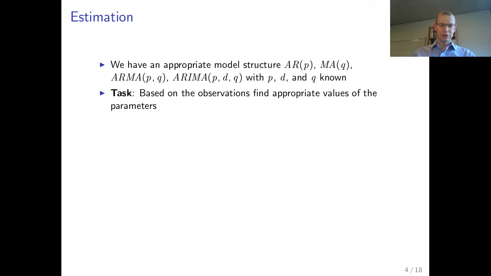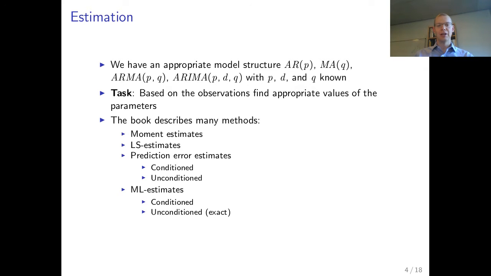Okay, so given a structure, we have to find appropriate parameter values. The book contains quite a list of such methods: based on moments, as in the mean and variance structures, also least squares methods, prediction error estimates, conditioned and unconditioned, we'll get back to that, and finally also maximum likelihood, which is again conditioned and unconditioned.